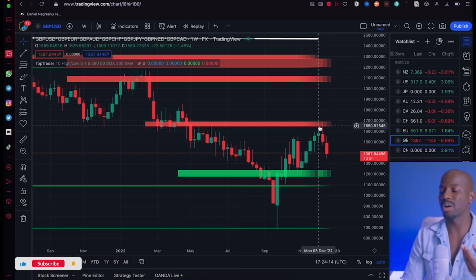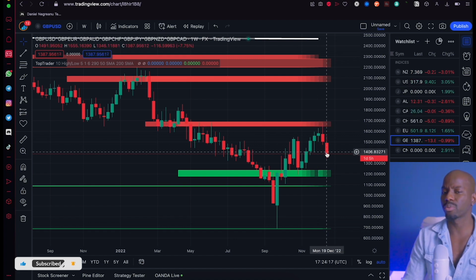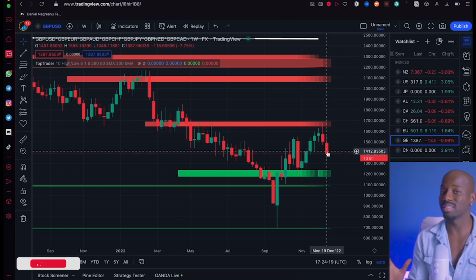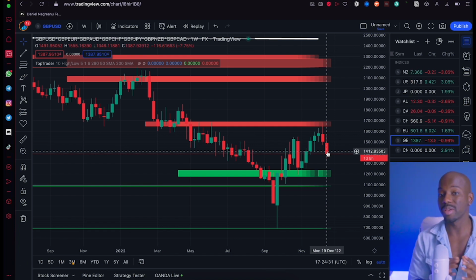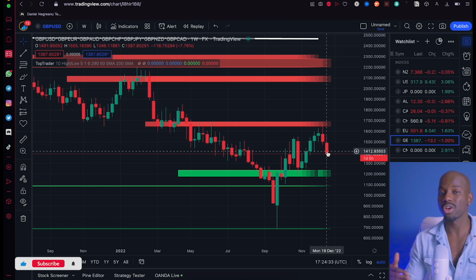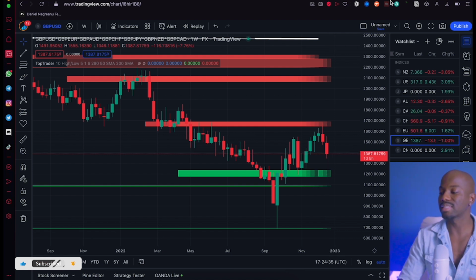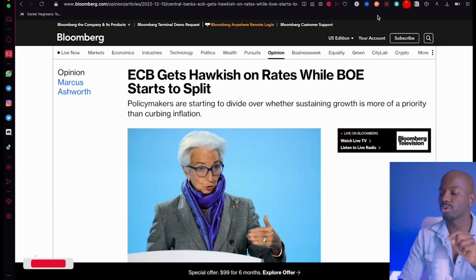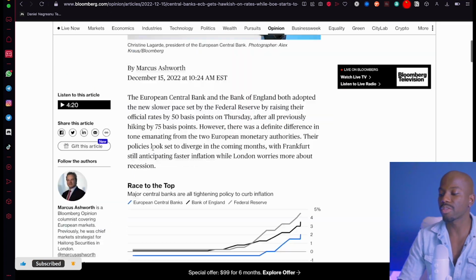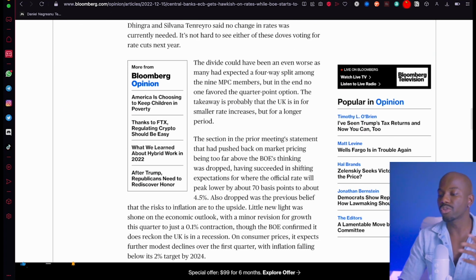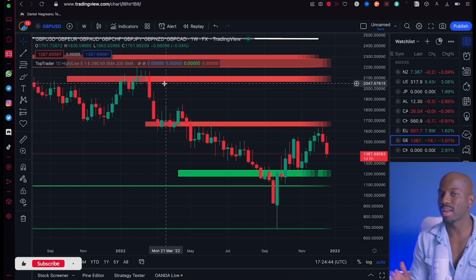You guys can see that we immediately started to get some sell side pressure really after the Bank of England said, hey, we're not going to be raising rates. Really, this happened after many of the members of the European Central Bank were split. They were very indecisive. I'll put the link to this article below, but it basically mentions how they were very indecisive about what direction they wanted to take their monetary policy.